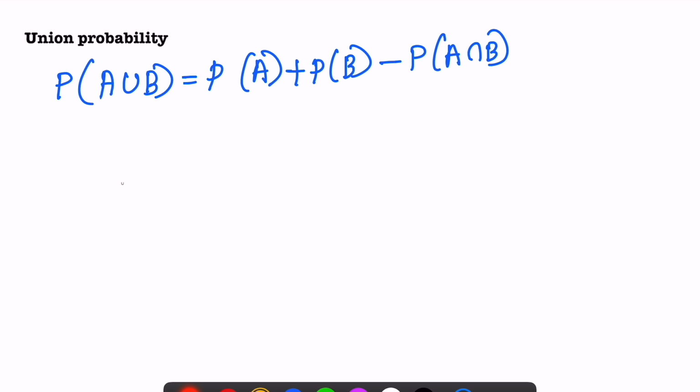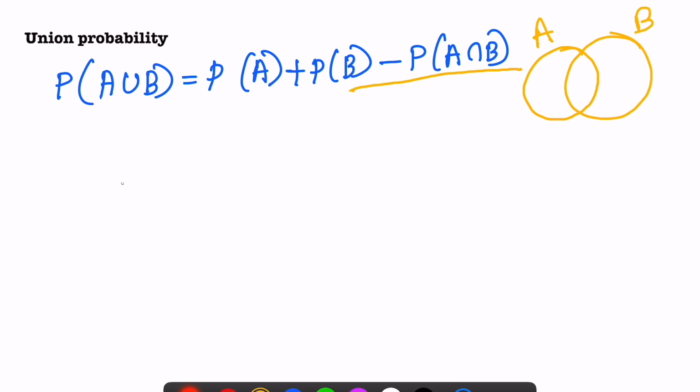Now, just to remind, why do we subtract probability of A intersection B? Because if this is the Venn diagram, here we have A, here we have B. When we are calculating the probability of A, we are calculating this part. When we are calculating the probability of B, we are calculating this part.